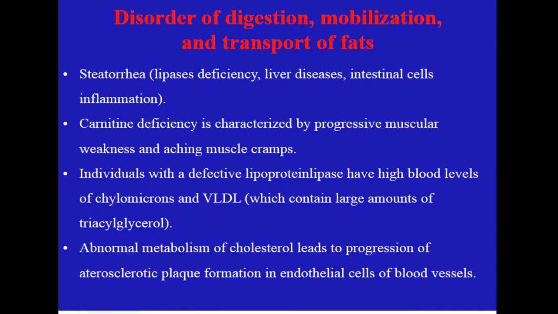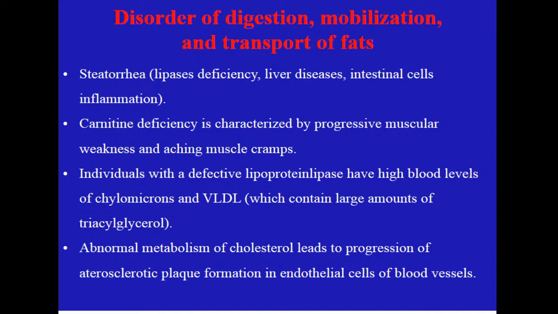Then there are different types of hyperlipidemia depending on the ability of the liver to produce apoproteins, the ability of the receptors to recognize different lipoprotein particles, because it is a very problematic thing to transport lipids between different organs and cells, from liver to peripheral cells, and cholesterol from peripheral cells to the liver.